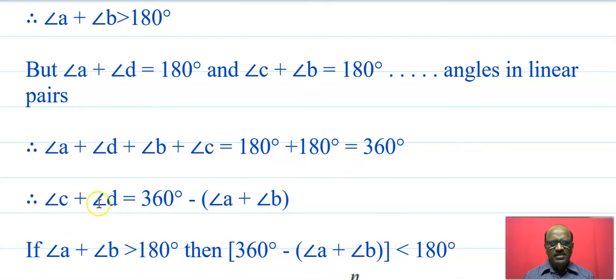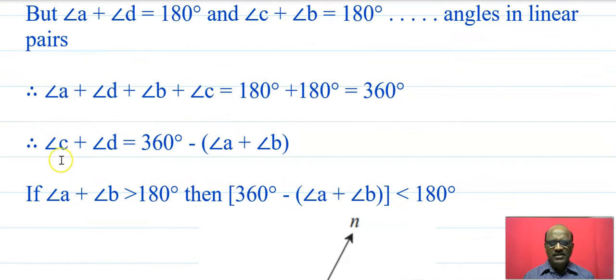Therefore, taking A and B to the right-hand side, the measure of angle C plus the measure of angle D is equal to 360 minus the quantity angle A plus angle B.